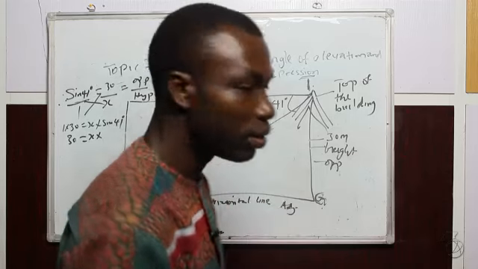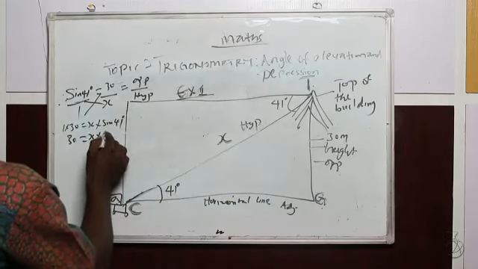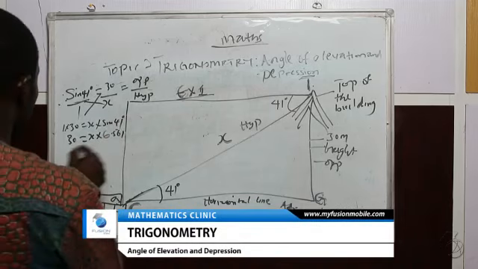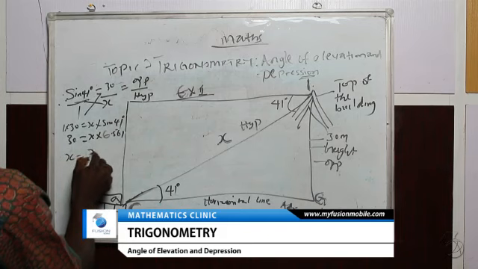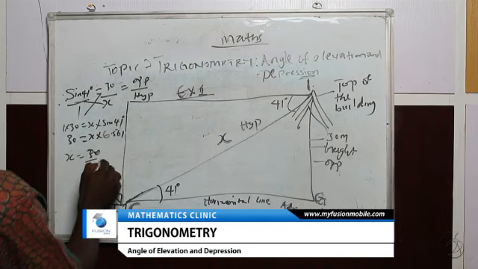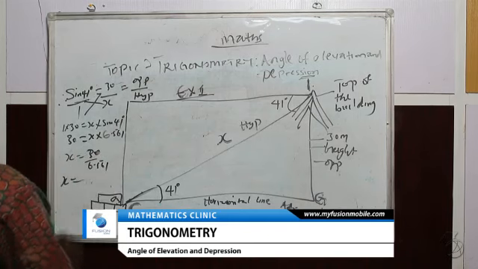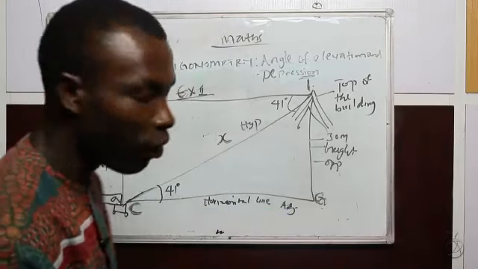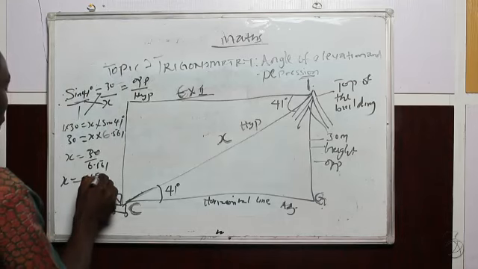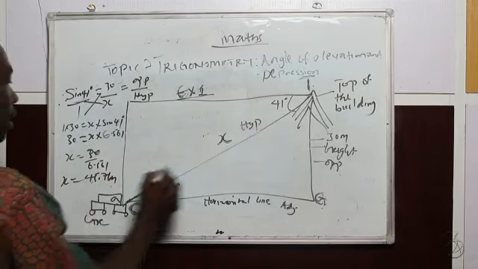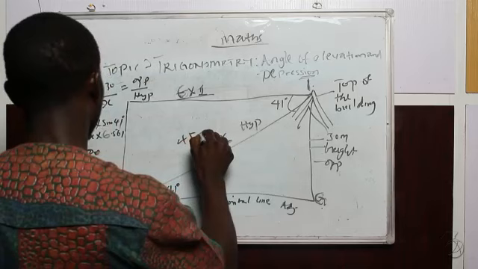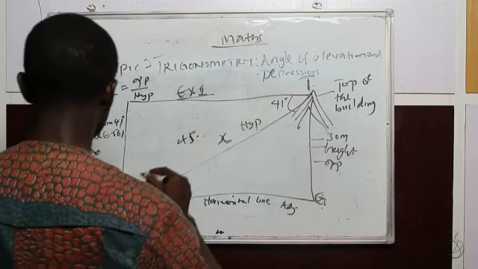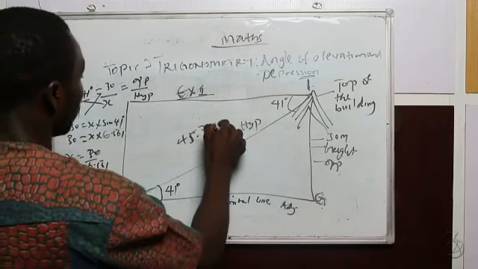Sine 41 degree is supposed to give us 6.561. Now, the answer is x equals 30 over 6.561, so x equals 30 divided by 6.561, which will give us 45.71 meter.